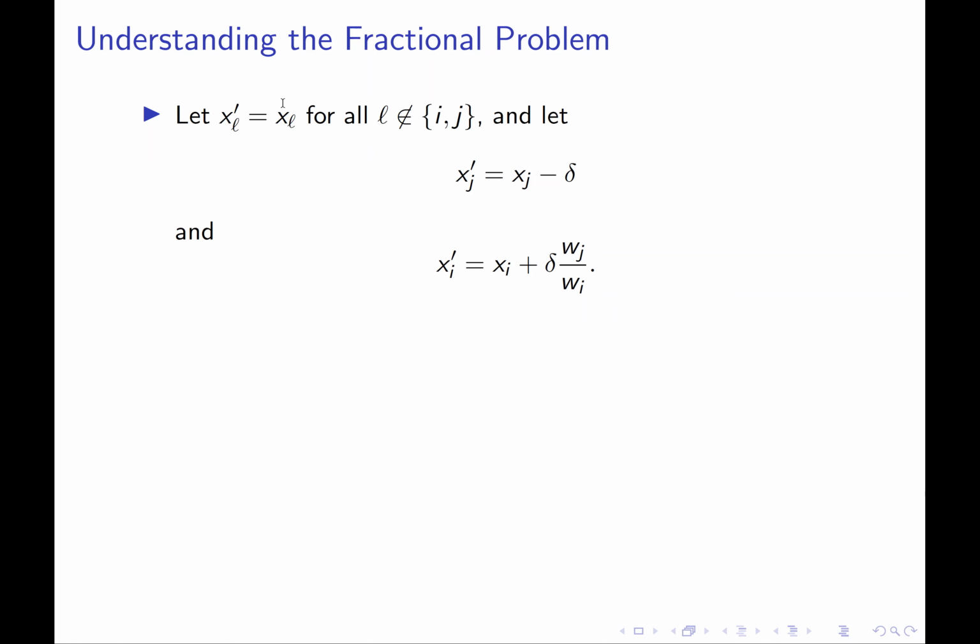X prime of l is just going to equal x of l. We're not messing with anyone's allocation except if your name is i or if your name is j. And we're going to do something extremely intuitive, right? We're going to shift mass from the lower density bidder to the higher density bidder. That's intuitively the thing that you want to do.